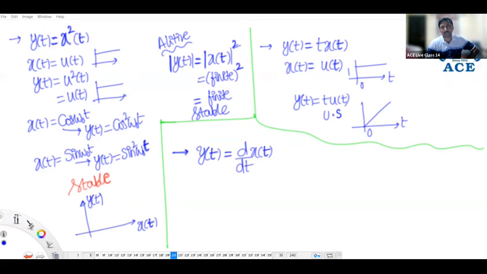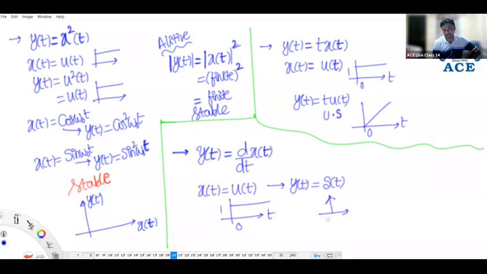Differentiators are d by dt of x(t). When you apply u(t), a bounded input, differentiation of the step function is an impulse, which is unbounded.